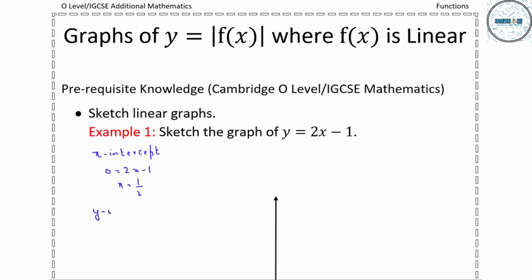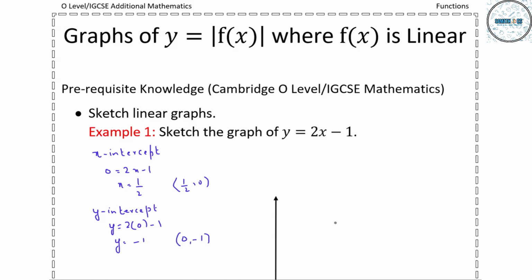For y-intercept, we will take x value as 0. So we have y is equal to 2 into 0 minus 1. So y is equal to minus 1. We have coordinates 1 upon 2 comma 0 and 0 comma minus 1.